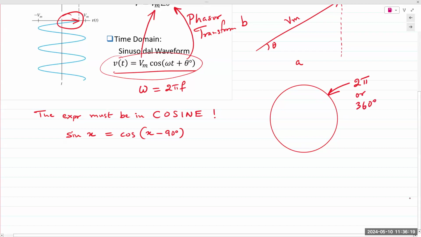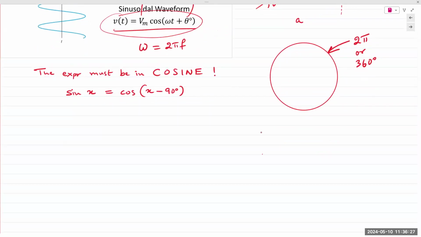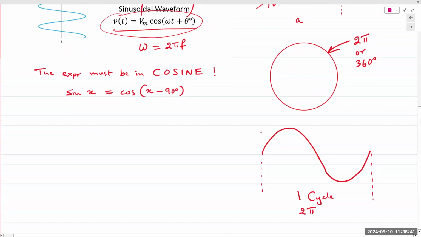2 pi, or 360 degrees. We are transforming a time-varying function into a vector in the rotating plane. So you have a circle associated with that one cycle. One cycle is one circle, and one circle is not 1 pi, but 2 pi, or 360 degrees.